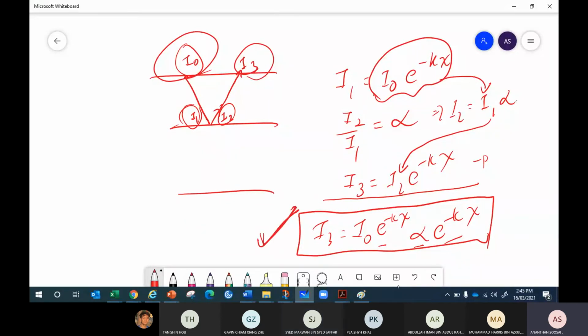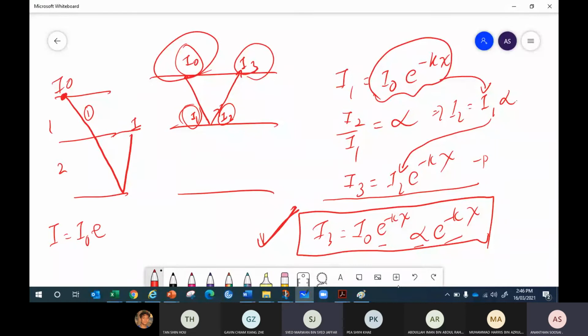Let's say I tell you there is another layer. This never happened, but I tell you, it goes like this, goes deeper, comes up here. How do you write? I equals I naught, first absorption e negative K1 X1, the first thickness.